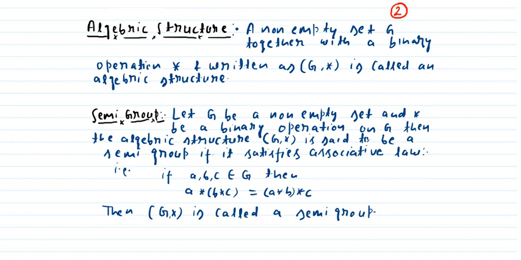Once again, let G be a non-empty set and star be a binary operation on G. Then we write it as (G, star) and it is called an algebraic structure. Sometimes we also call it a groupoid.